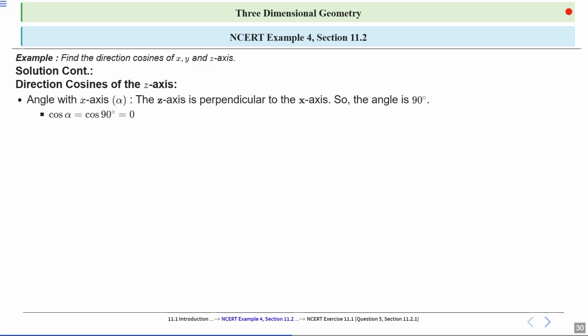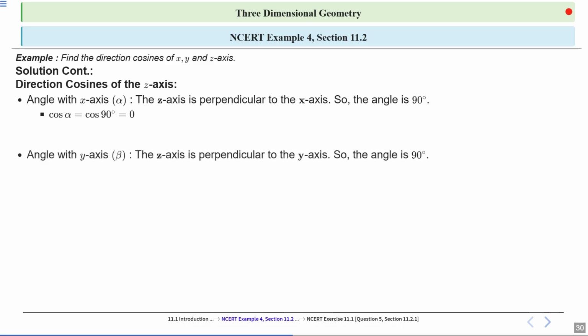So cos alpha equals cos 90 degrees, which is 0. Next, let's look at the angle between the z-axis and the y-axis. We call this angle beta. Again, the z-axis is perpendicular to the y-axis, so the angle is also 90 degrees. So cos beta equals cos 90 degrees, which is 0.